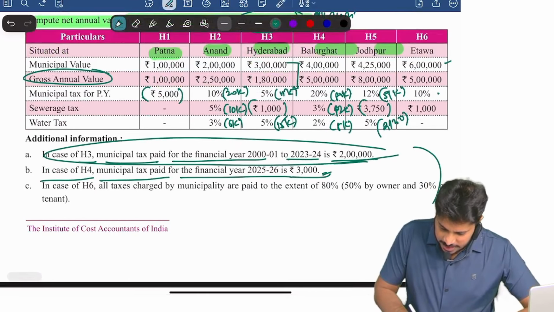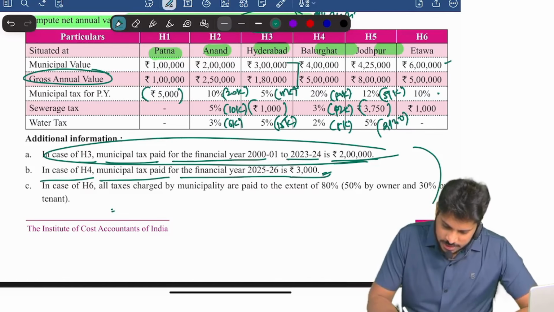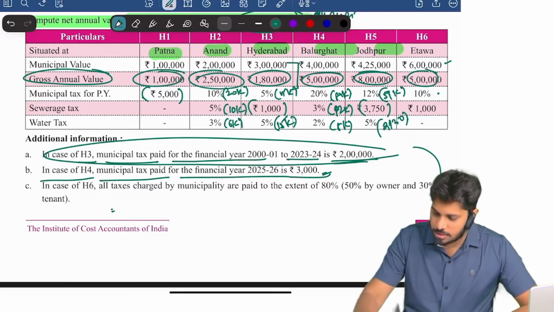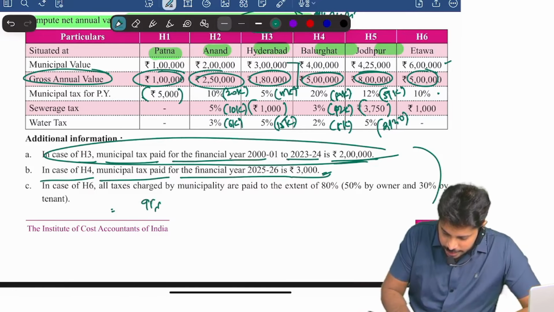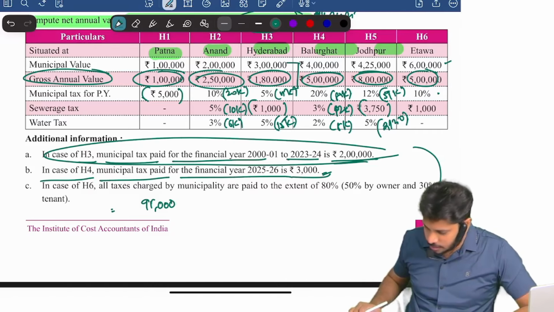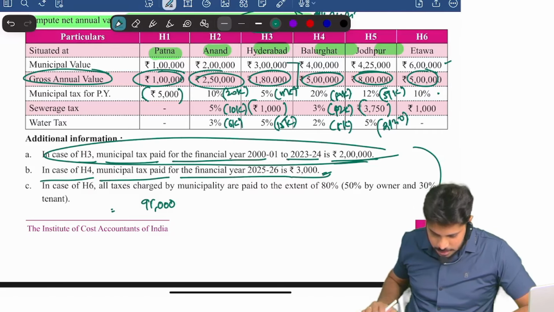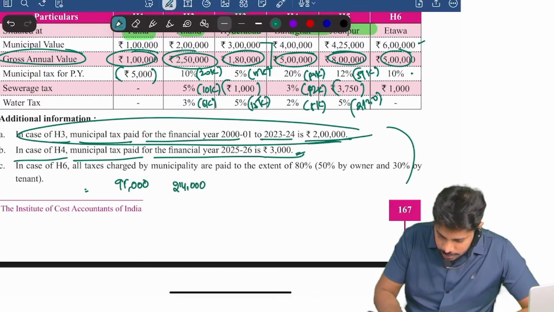Now look at. So shall I calculate here? So gross annual value means 1 lakh, correct? This one is the main number. So 1 lakh minus 5,000, how much it is? 95,000. 2 lakh 50 minus 20,000 minus 10,000 minus 6,000 is equal to 2 lakh 14,000, correct?